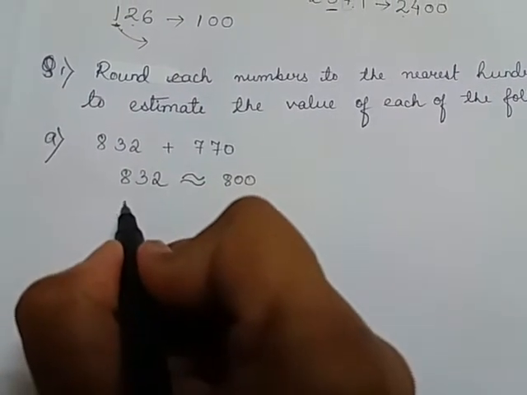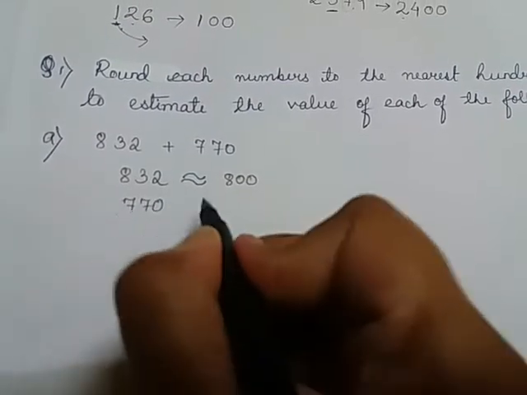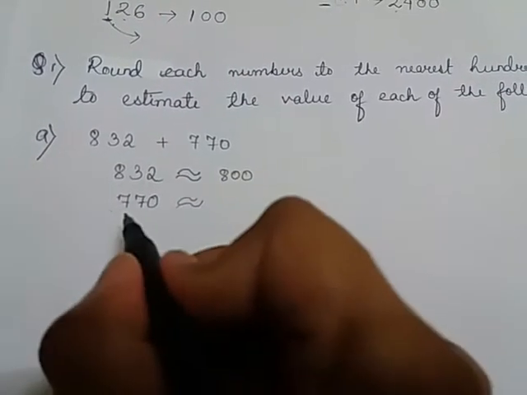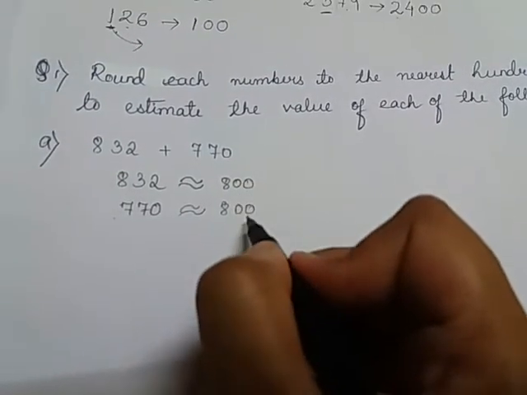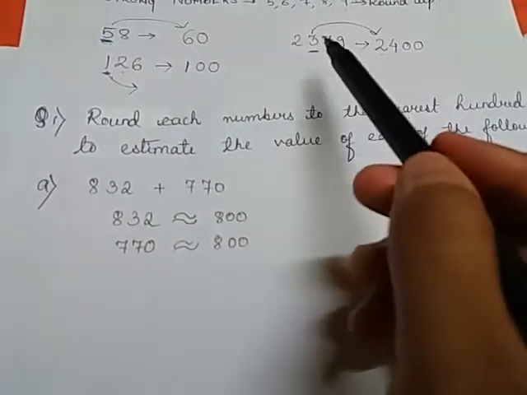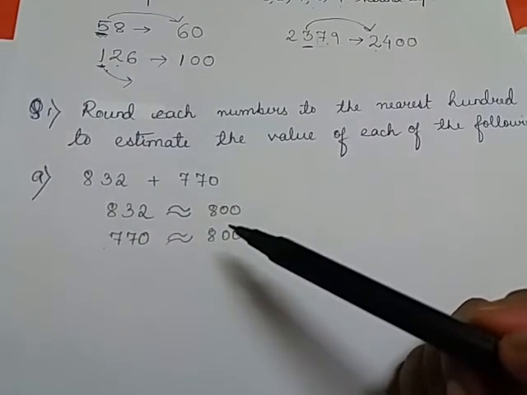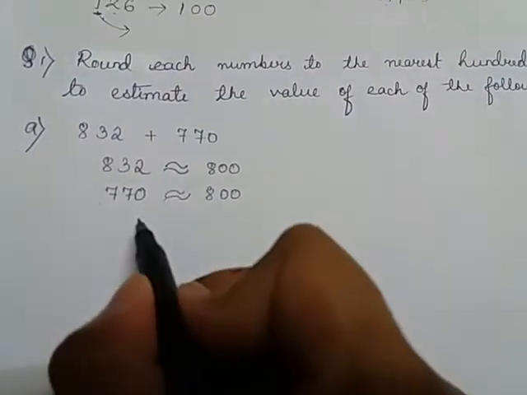And when we are rounding 770 to its nearest 100 place, this will also become 800. We know why, because we have practiced some rounding numbers over here. Now we will estimate their value.